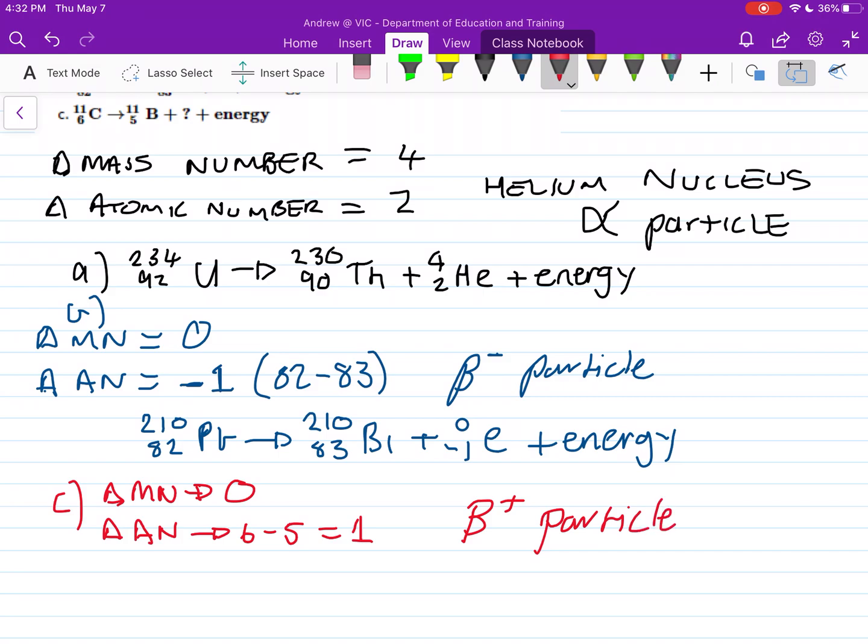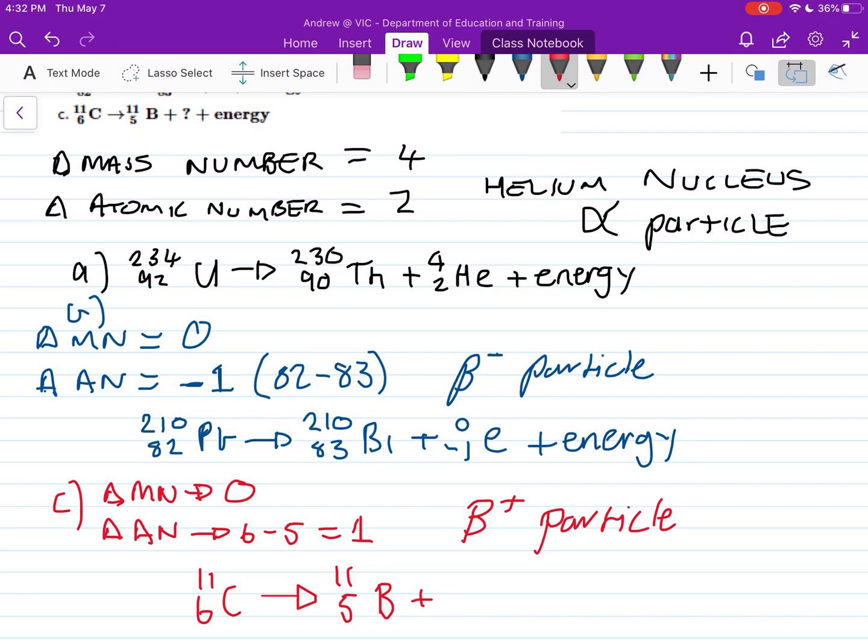Why this happens: our mass numbers stay the same, but there's one less proton, and this indicates positive beta decay. So our equation is, written just like at the top, carbon 11, 6 becomes boron 11, 5.